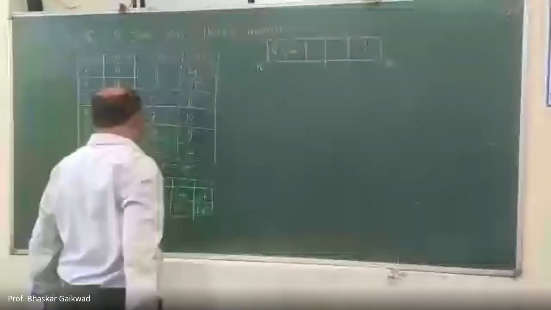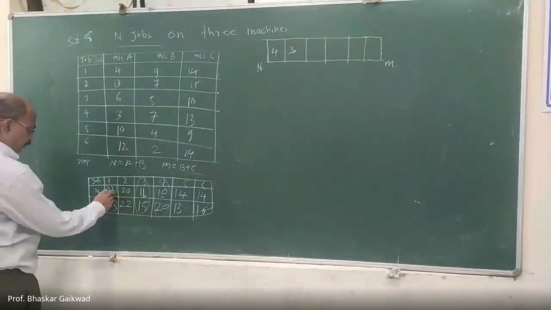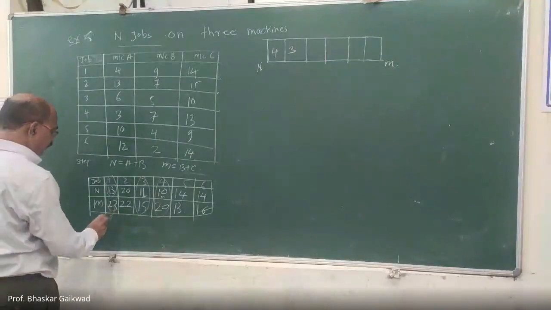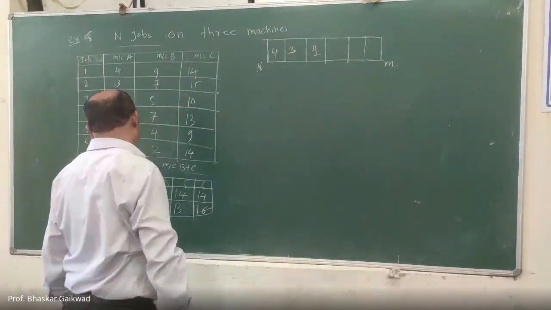So here 3. What is the next processing time? I think 13 is there. So here is the 13, and here we can write job number 1.